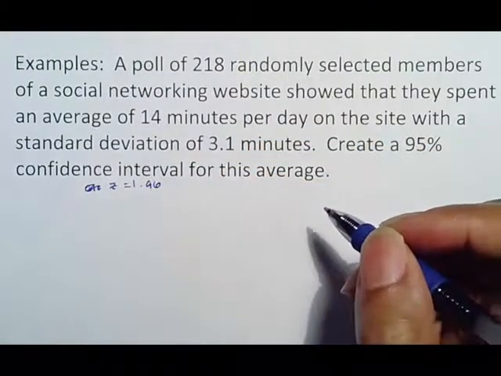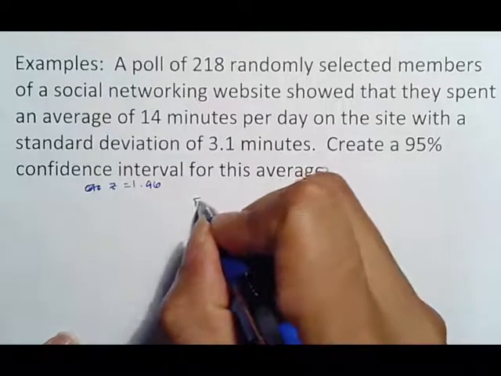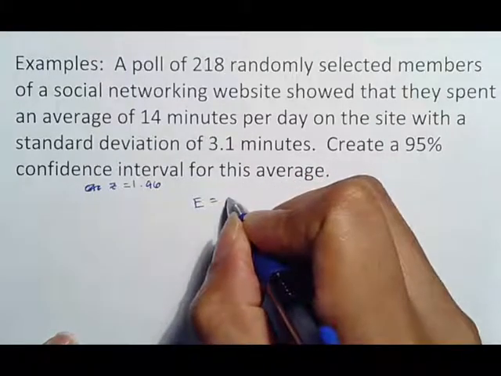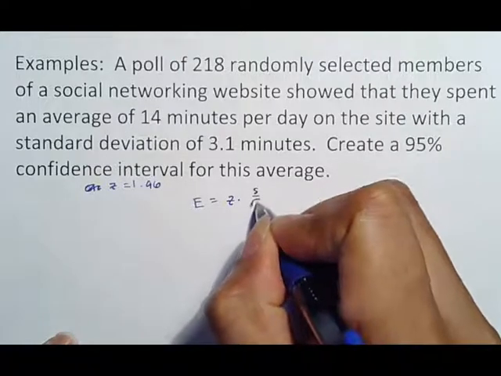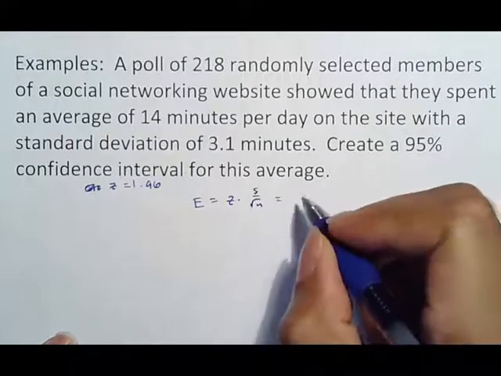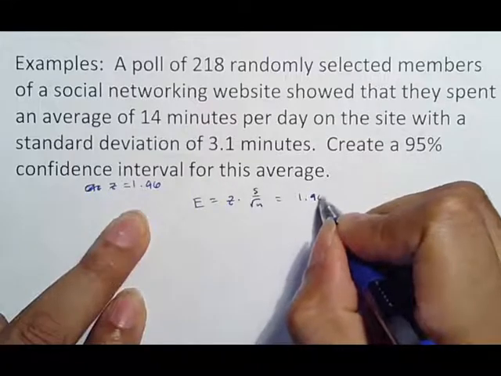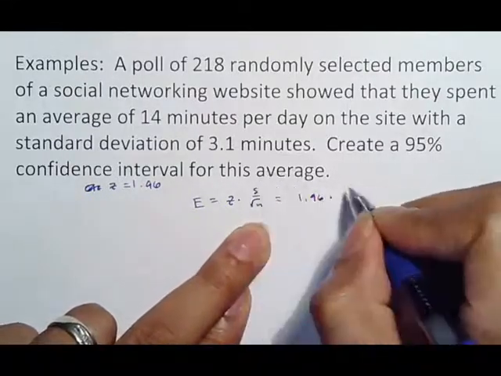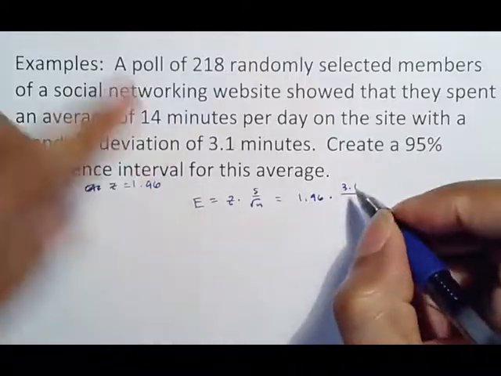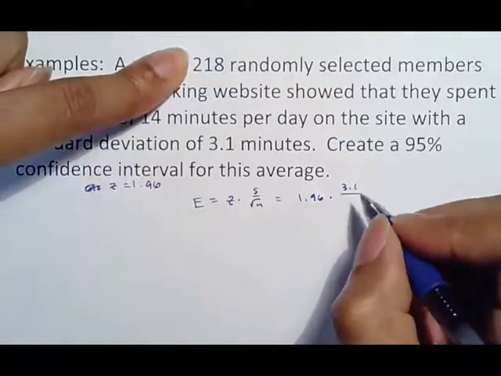And so we will do our error estimate, which is, I believe, Z times S over the square root of N, which means that it's Z, which is 1.96, times S, which again is your standard deviation, 3.1, over the square root of your sample size, which is 218.